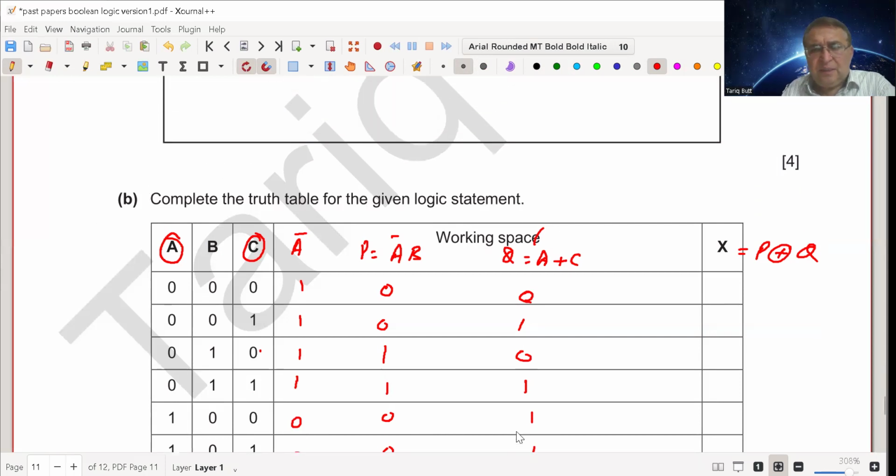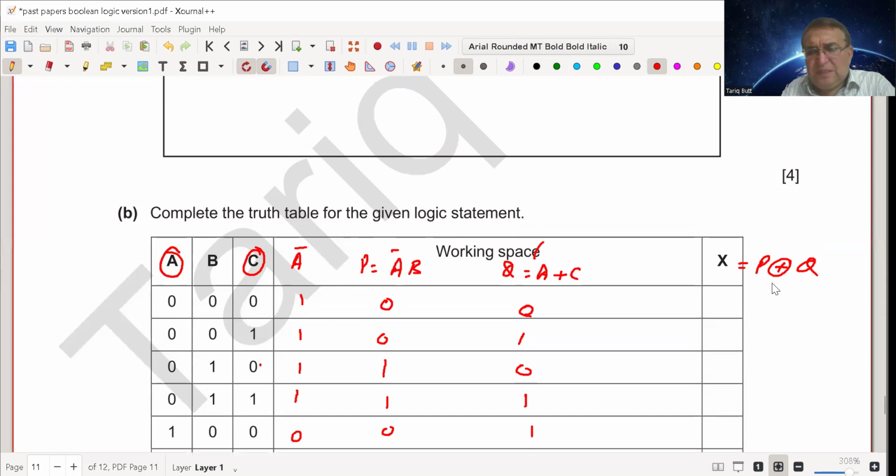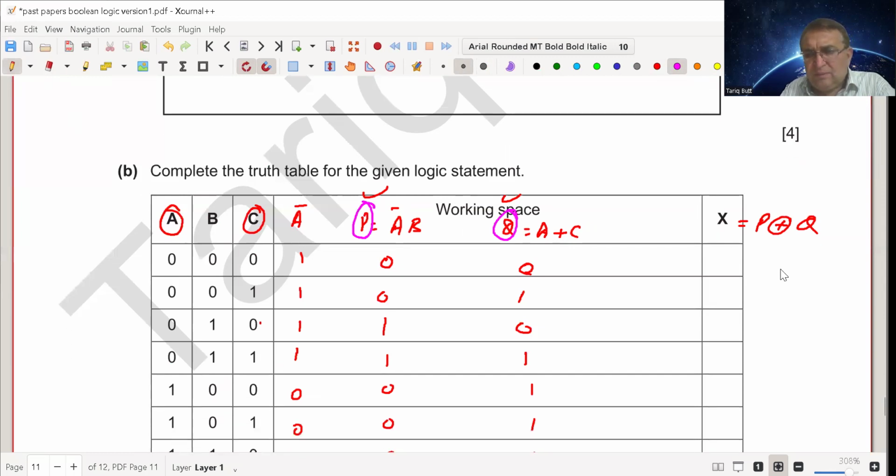And finally, you know, X, which is P exclusive or Q. So it means now we have to do what? This is P and this is Q. Fine. And we have to XOR P and Q. And you know, for XOR, if A and B are the inputs, so XOR is the table 0, 0, 0, 1, 1, 0, 1, 1.